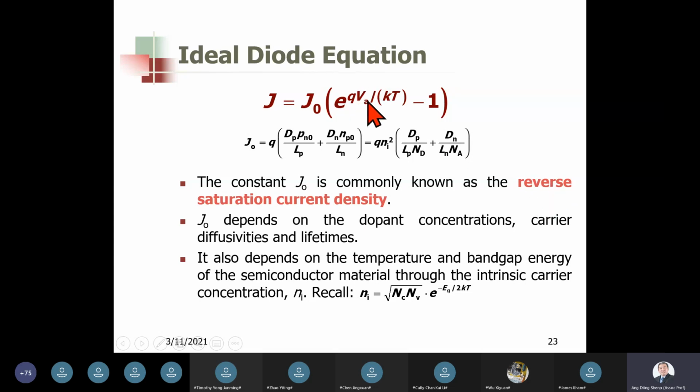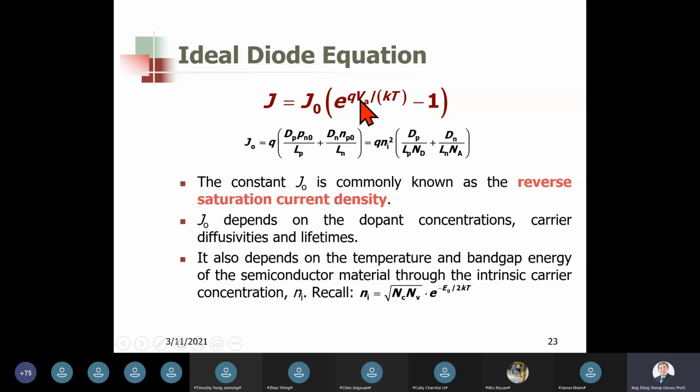So let's consider reverse bias where VA is negative. Now, when the magnitude of the negative VA is much bigger than kT over q, and keeping in mind that VA is negative, this exponential term will tend to 0.